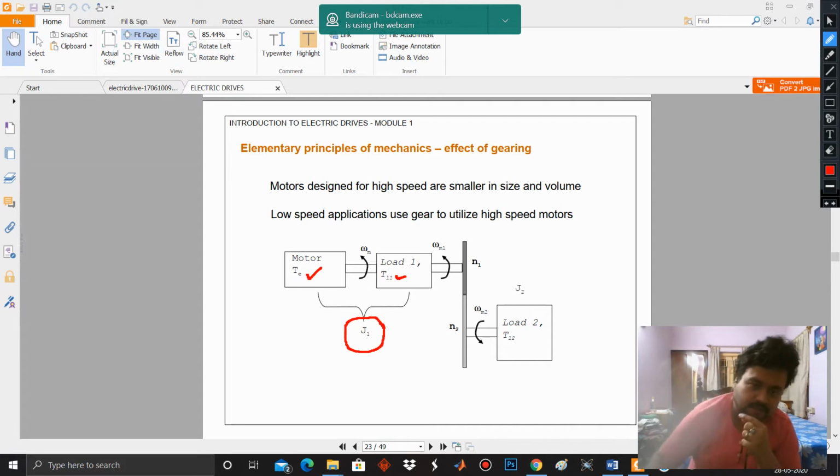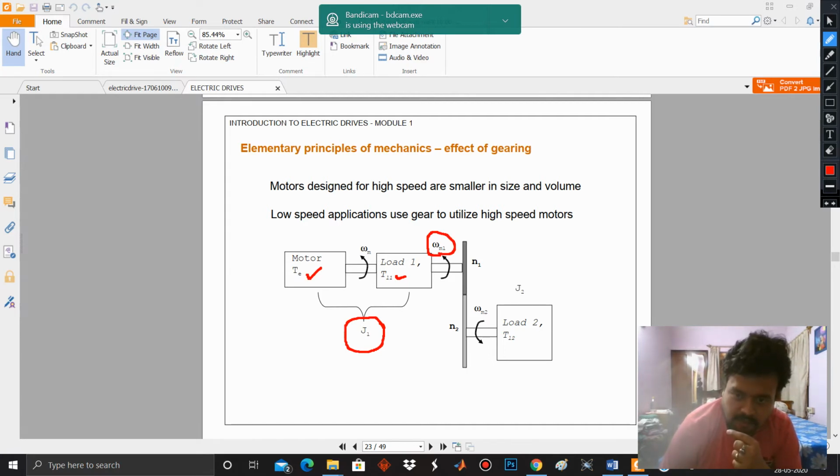So the motor is rotating with a speed of omega m, in this particular direction. So obviously the load will also move in the same direction, and the speed is omega m1.